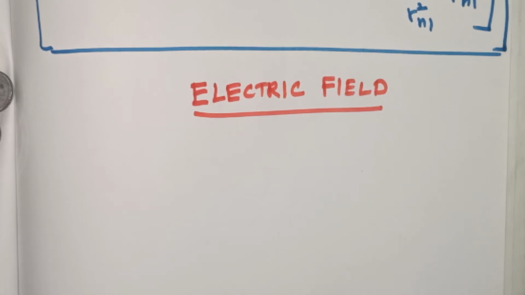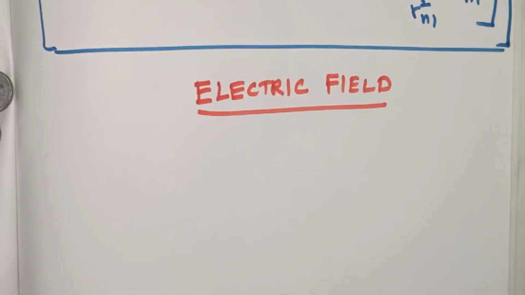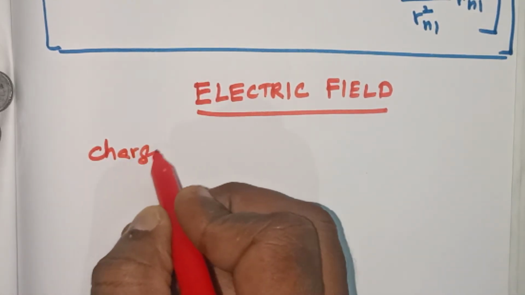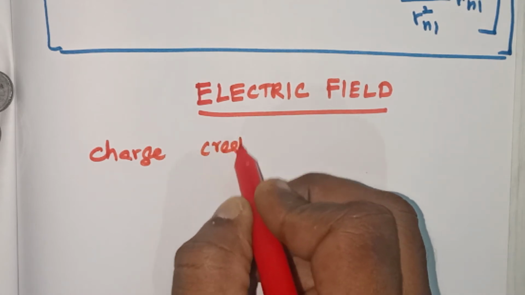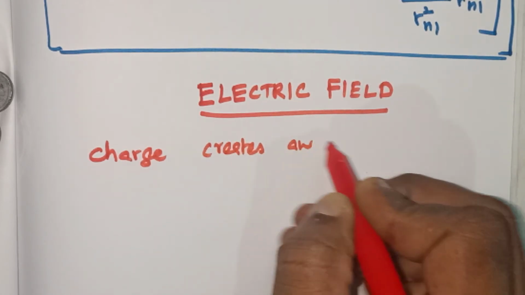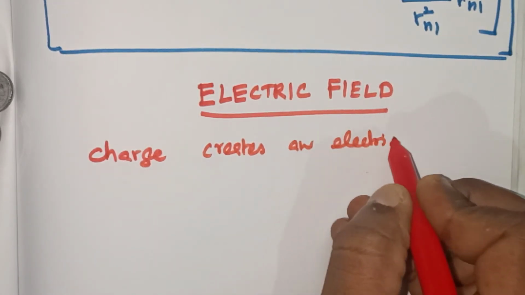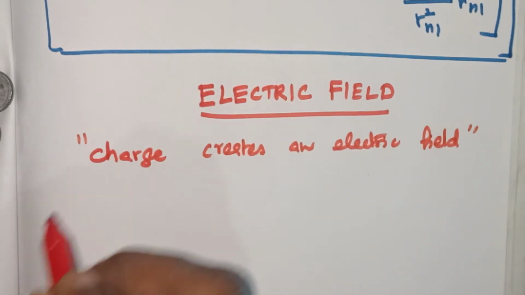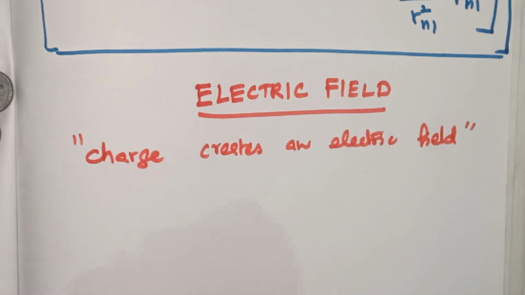So Michael Faraday is one of the scientists. A given charge creates an electric field. It was given by Michael Faraday.